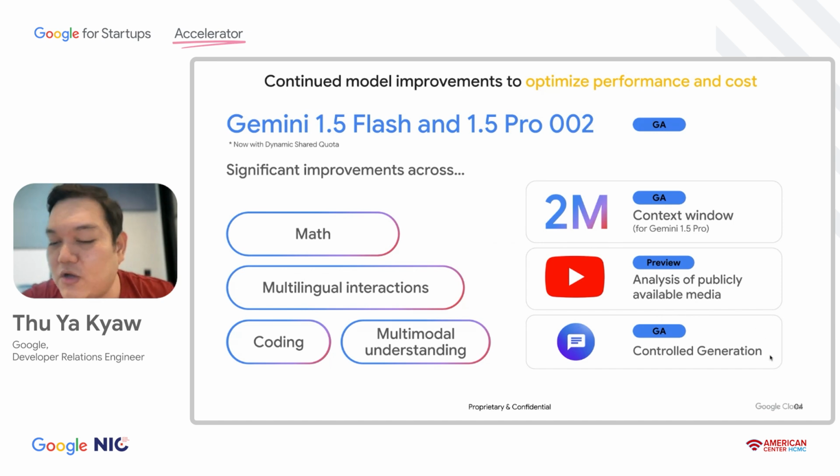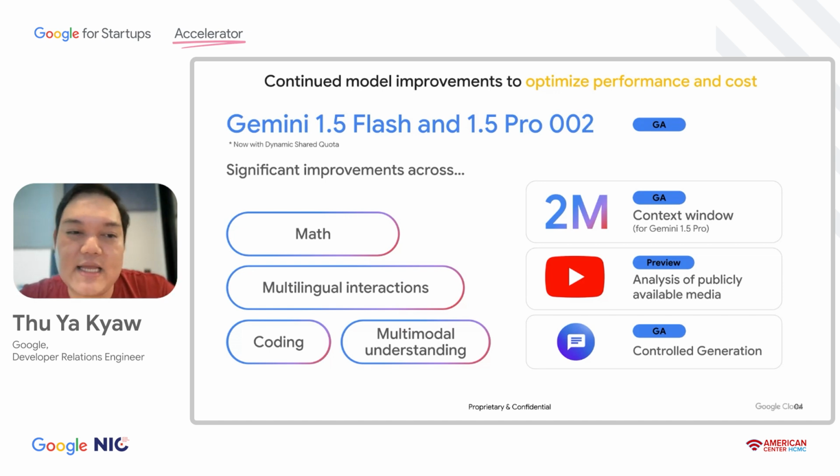And we also have this thing called controlled generation, right? So not every time do you want to generate a response from the model in text format. Maybe you want to come up with JSON format that you can integrate very well with your downstream application, or maybe you want to create a specific type of data format so that you can inject it into your data pipeline in the downstream task.